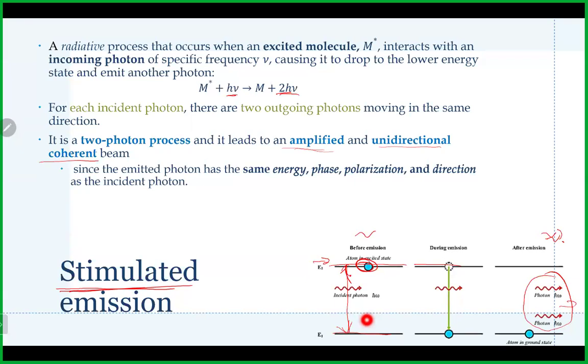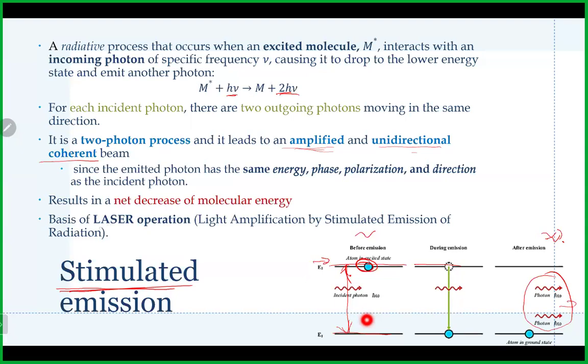It emits another photon in the same direction as that initial photon. So it is the same energy, same phase, same polarization, same direction. That is the thing about stimulated emission. It results in a net decrease in molecular energy, and this amplified unidirectional beam is the basis of our laser operation.